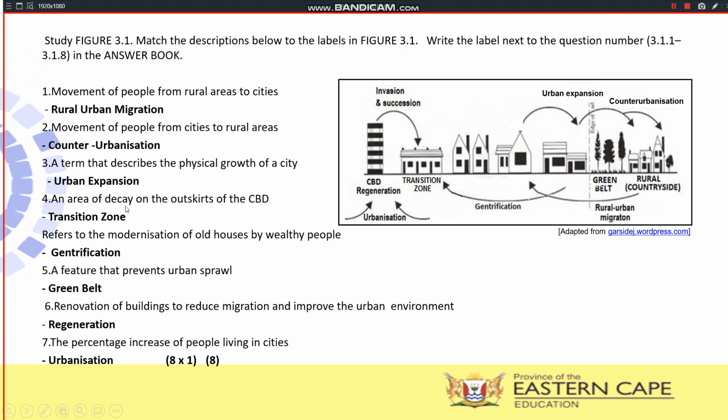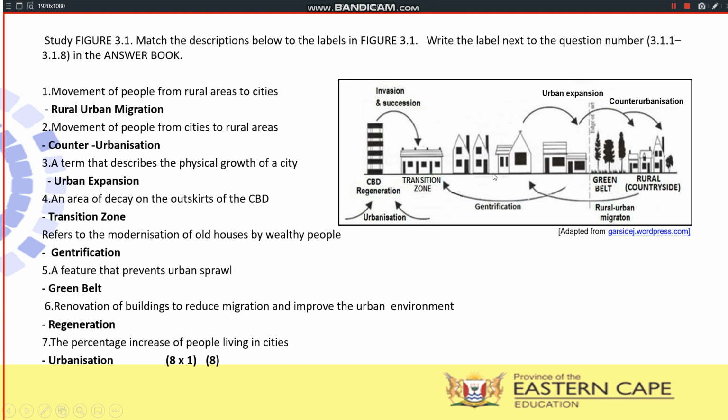An area of decay on the outskirts of the CBD. Remember, we spoke of this area of decay, which is usually called the transition zone, but another word is the zone of decay. Again, look at your slides. Then, the modernization of old houses by wealthy people.